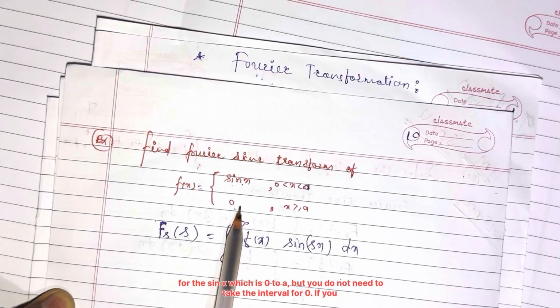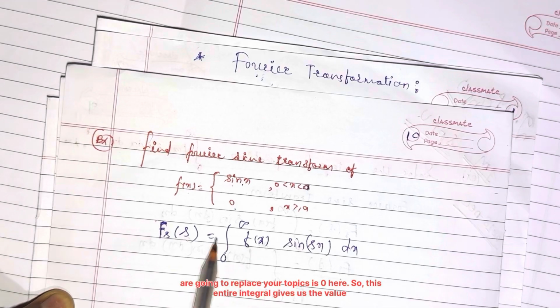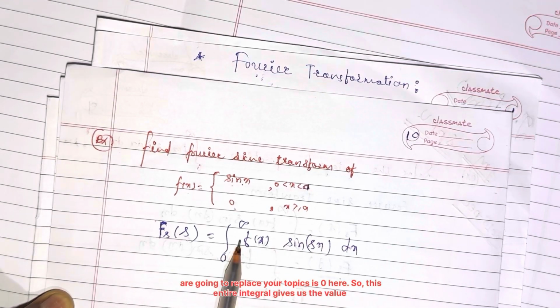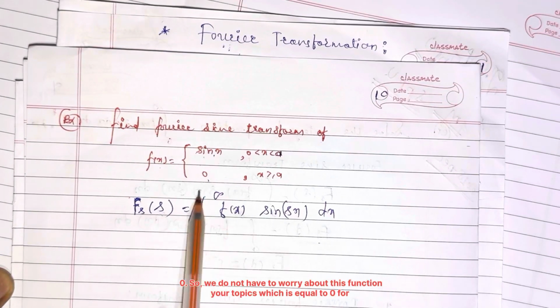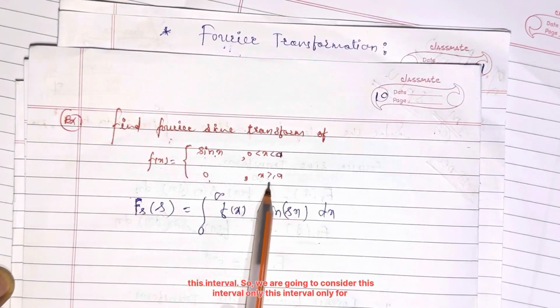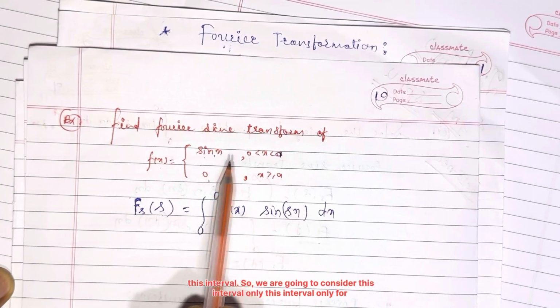If you replace f of x with 0, the entire integral gives the value 0, so we don't have to worry about that part. We consider only the interval for sine x.